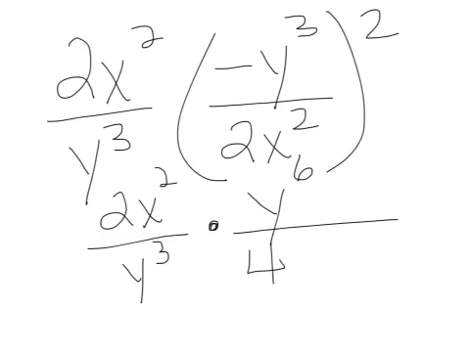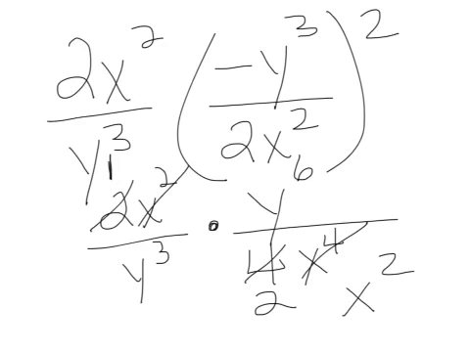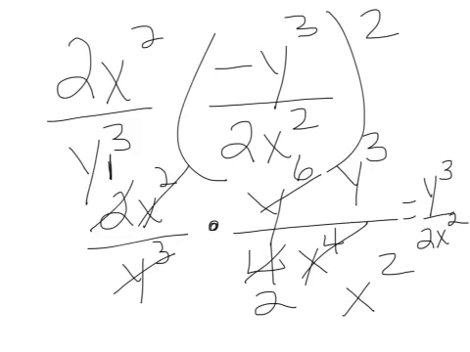And 2 squared is 4. And a power to a power we multiply, so that is x to the 4th. And now we reduce. 2 will go into 2 one time. 2 will go into 4 2 times. X squared, x to the 4th gives us an x squared on bottom. Y cubed, y to the 6th gives us a y cubed. So our final answer is y cubed over 2x squared.